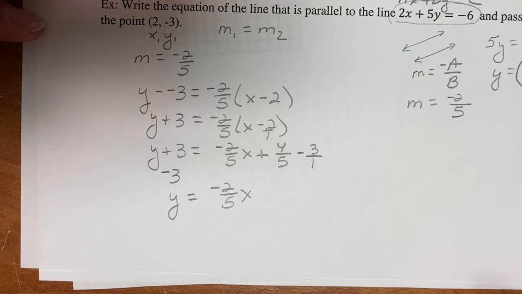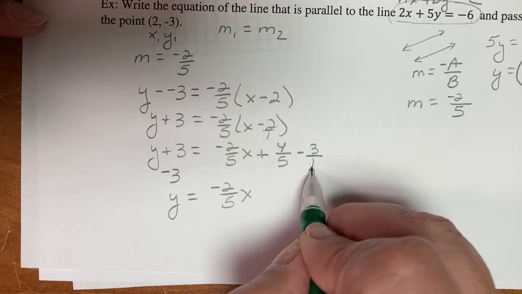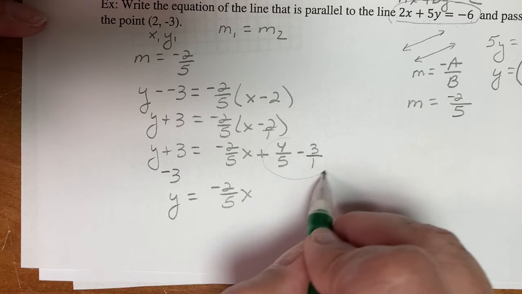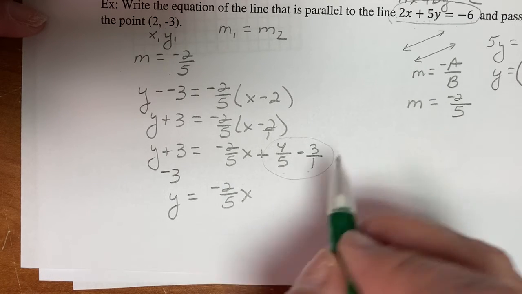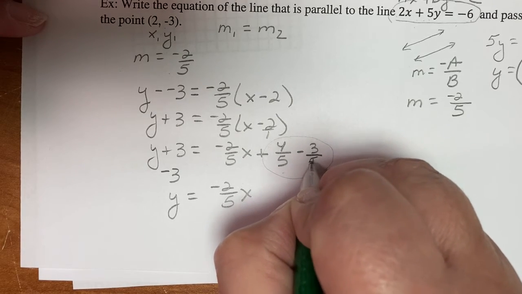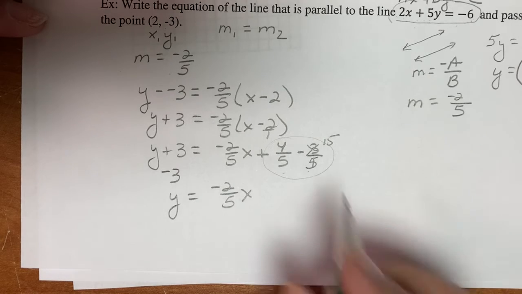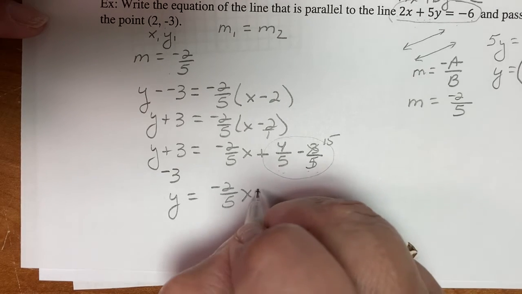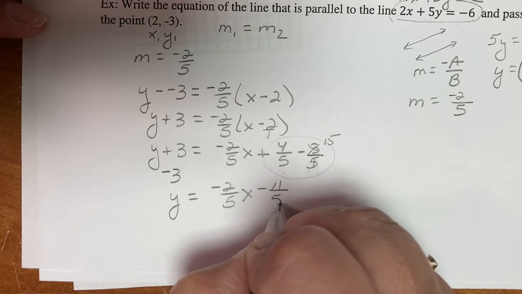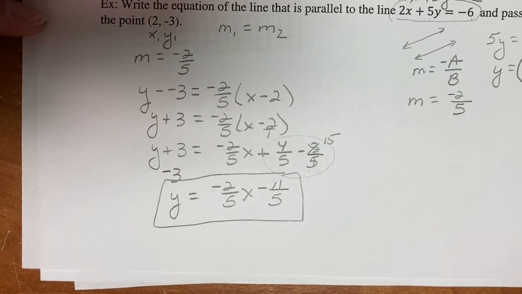I'm just going to use my head. So if I want to subtract 3, I need a common denominator between these two. My common denominator is 5. So top and bottom have to be multiplied by 5, and 3 times 5 is 15. So it's 4/5 minus 15/5, which is negative 11/5. And there we go.